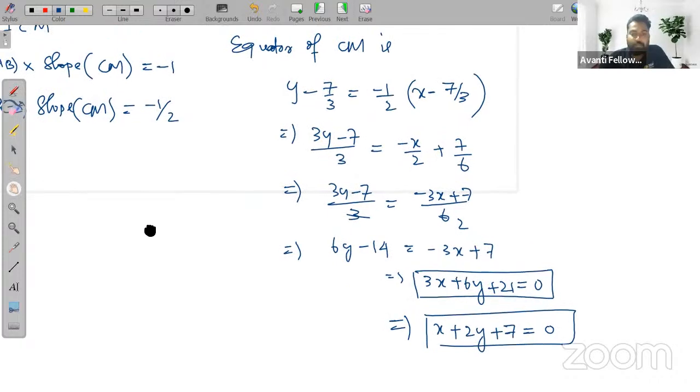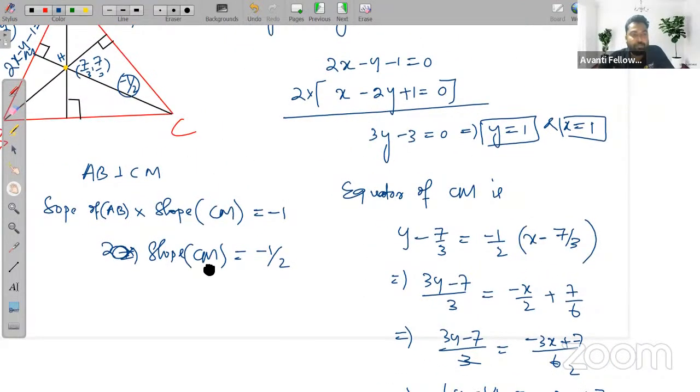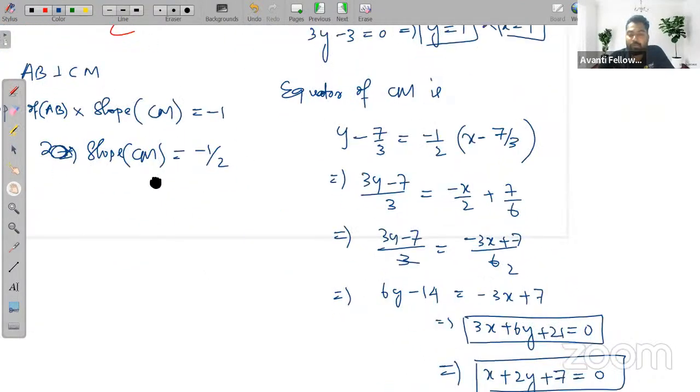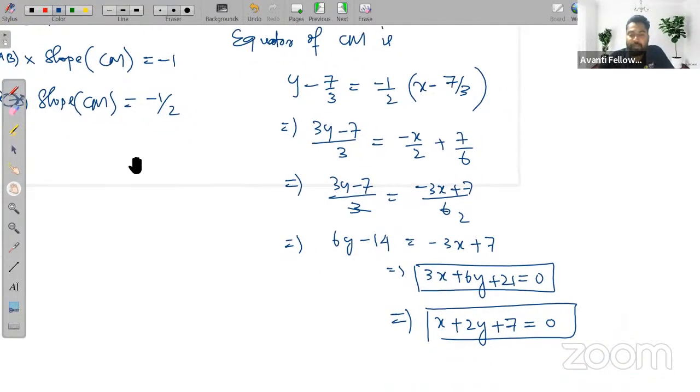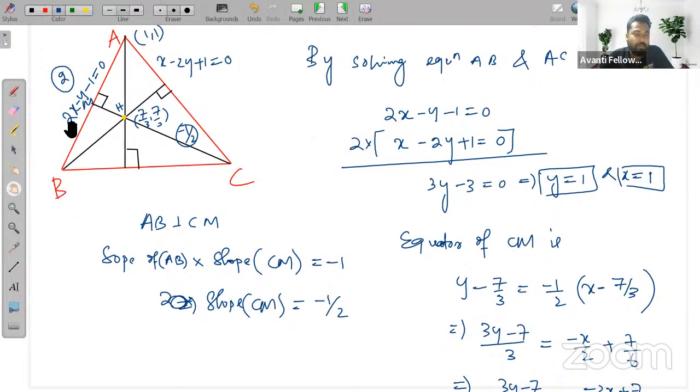Where have we gone wrong? -1/2 times -1/2, the product should not be 1. This should be -1, no? So somewhere we have made a mistake. y minus y1, 7/3, the slope is -1/2. Is that clear?